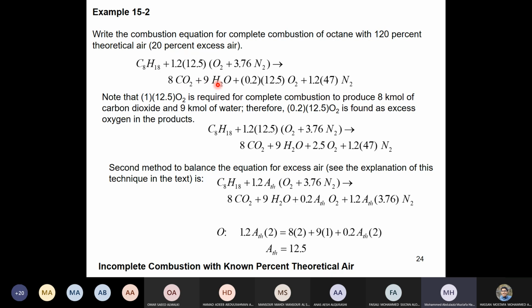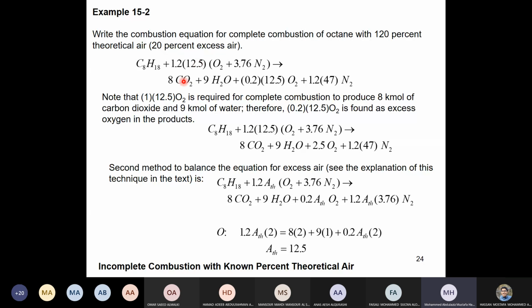So this is the reaction for the fuel. Then we come to balance the oxygen, for theoretical air. I have 9 here, so this will be 4.5 moles, and 8 here. So 4.5 plus 8 will give me 12.5.